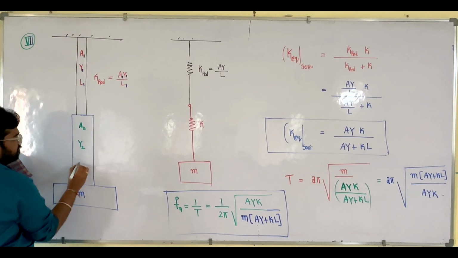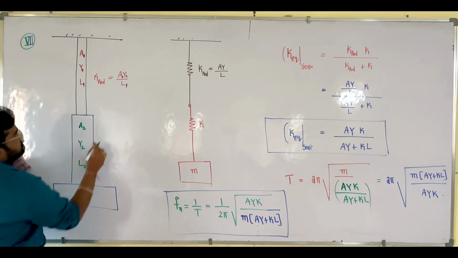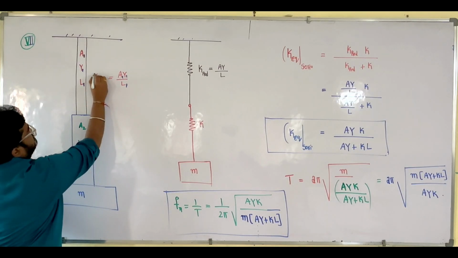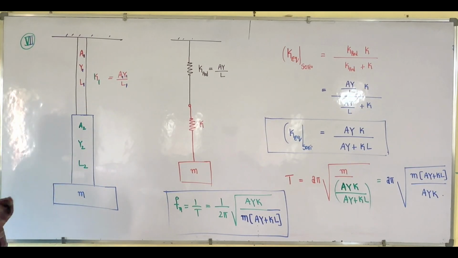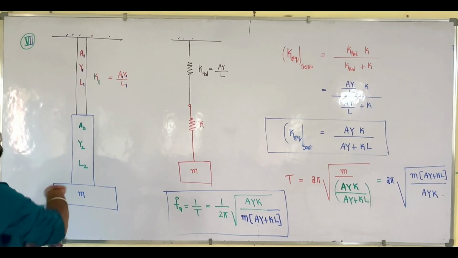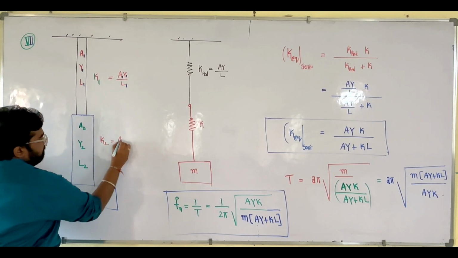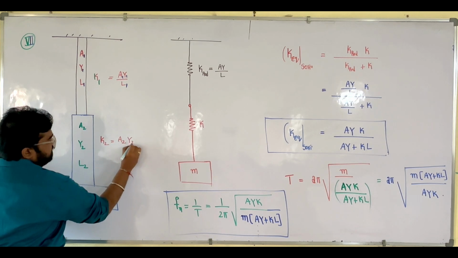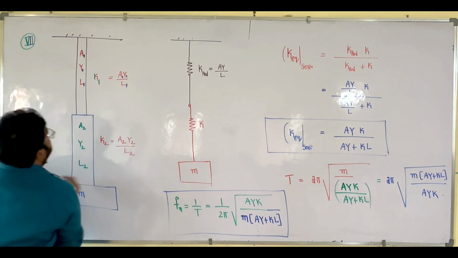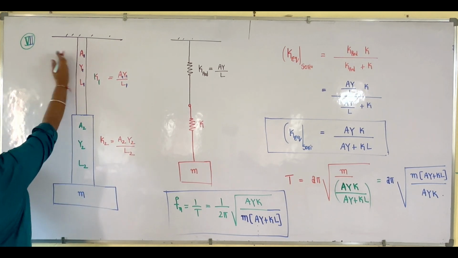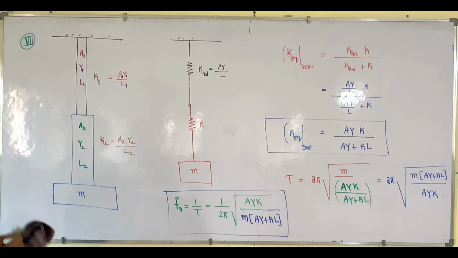Both are rods, K1 and K2. They are of different materials, and the lengths are also different: here length L1, here length L2.